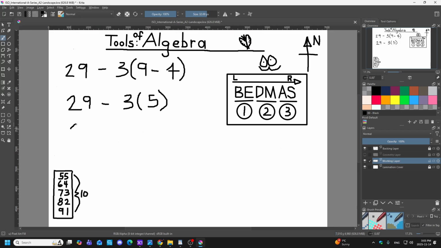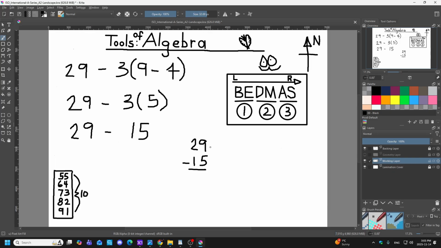Let's continue. We have 29 subtract 15. I'll show the work. Subtracting. 9 is greater than 5.